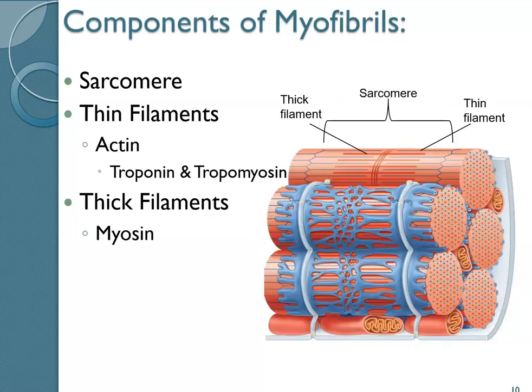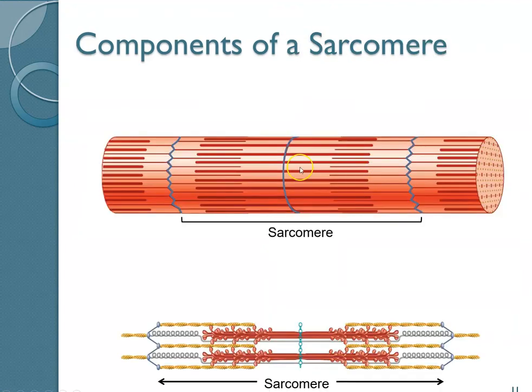Here is an enlarged view. So basically we have just removed the sarcoplasmic reticulum and the T-tubules, and we're just going to look at that portion. So again, the zigzag lines are going to be the Z discs. These are thick filaments in darker red, light ones are thin. You can see there's some overlap.